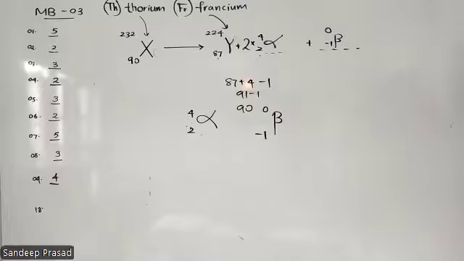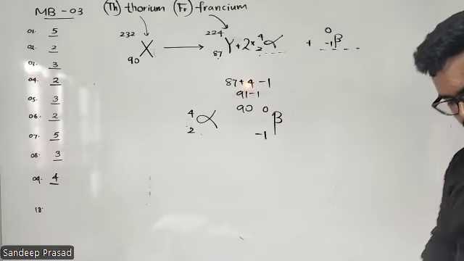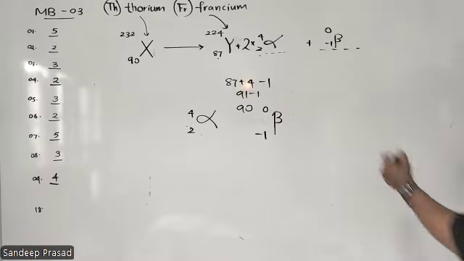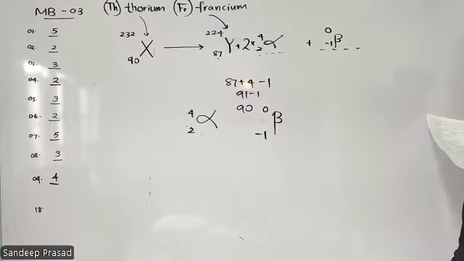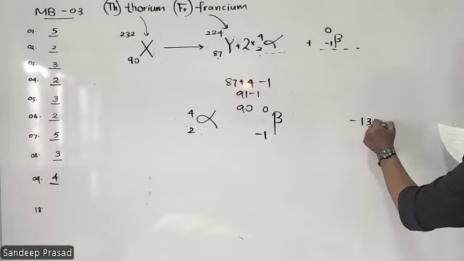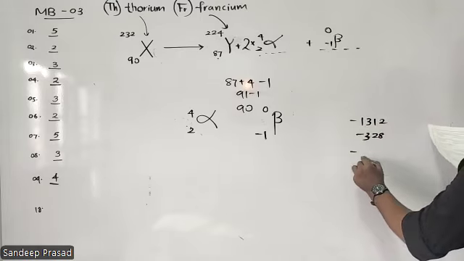Now let's move to the last calculation. In question number 10, students, they have given energies of the first, second, and third energy levels of the hydrogen atom in kilojoules: minus 1312, minus 328, and the next one should be minus 146.